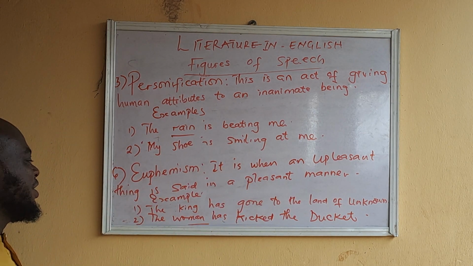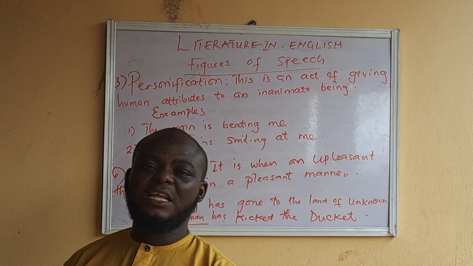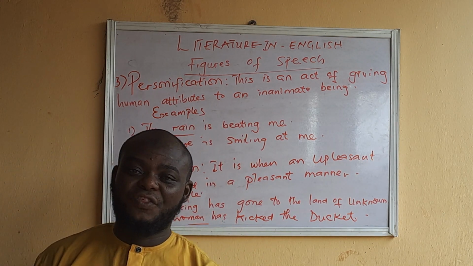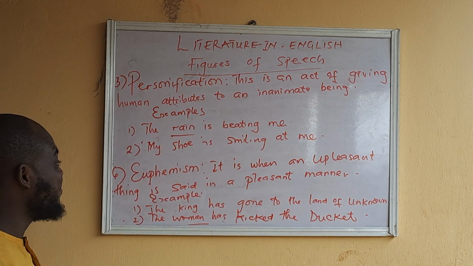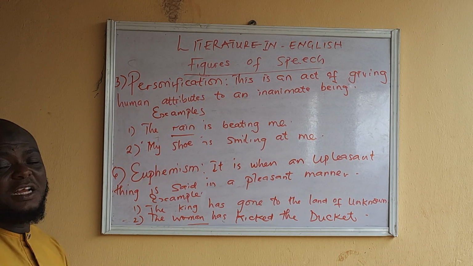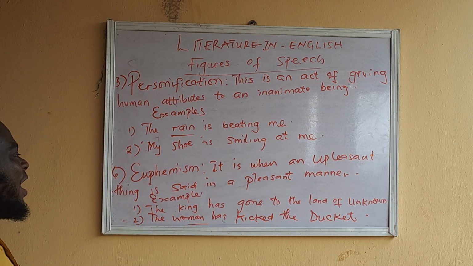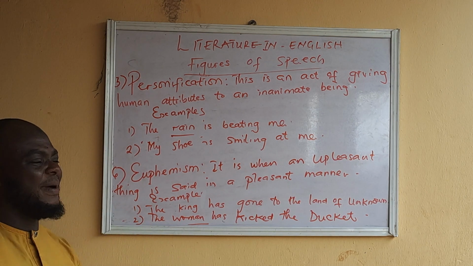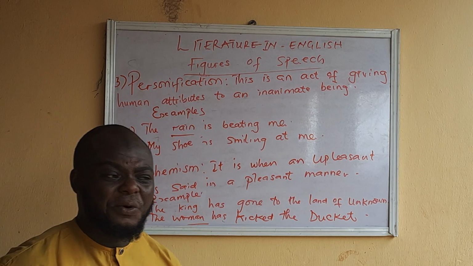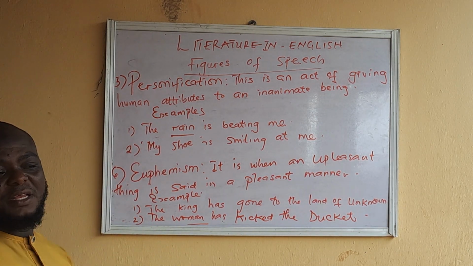Euphemism has to do with when we say an unpleasant thing in a pleasant manner. And you can see from the examples we have here under personification, the rain is beating me, another example, my shoe is smiling at me, which we all know are attributes of human beings given to inanimate beings.